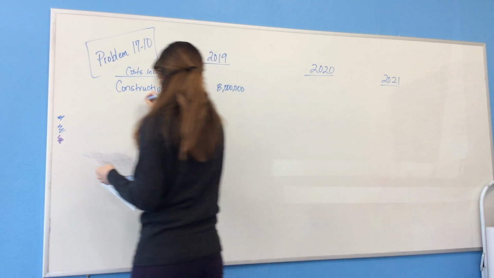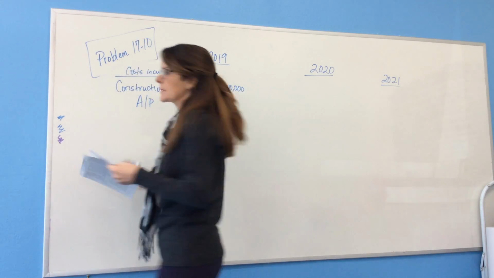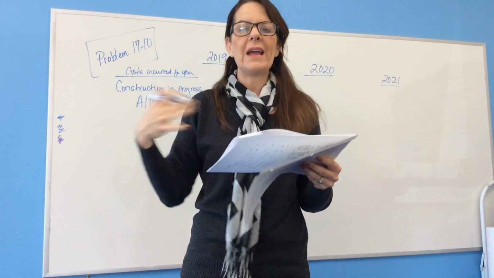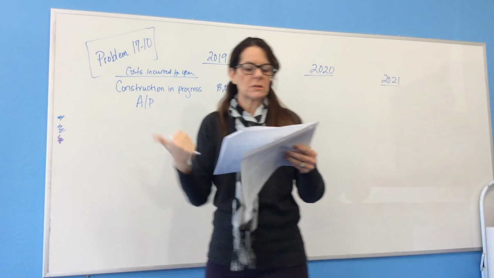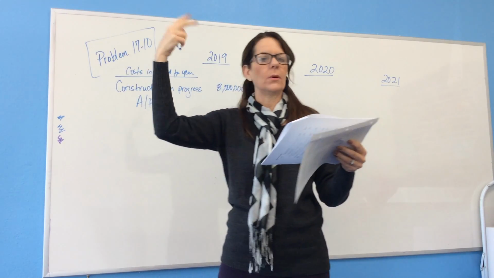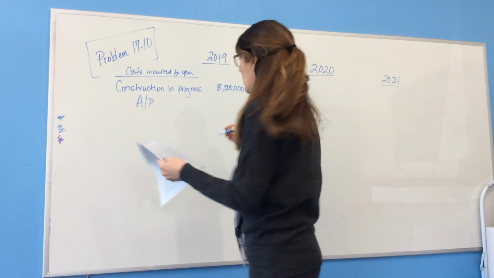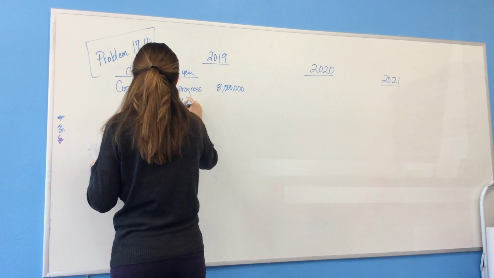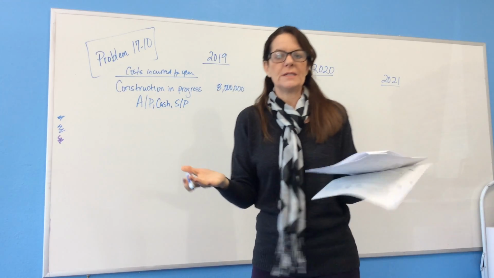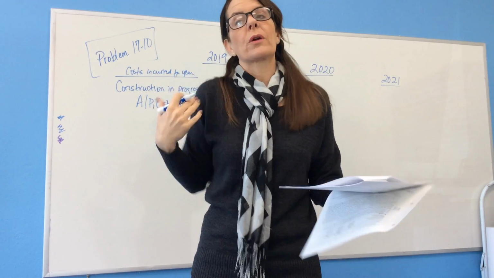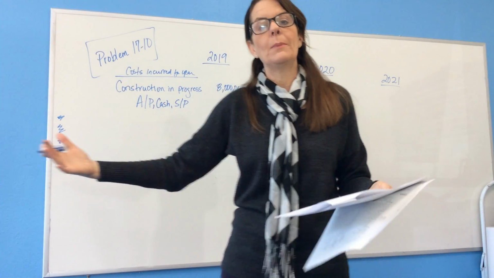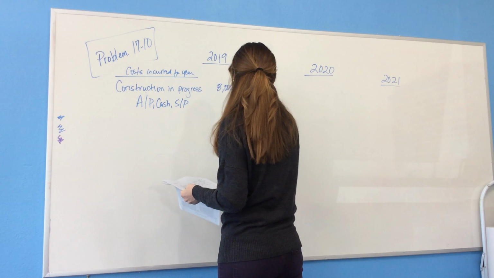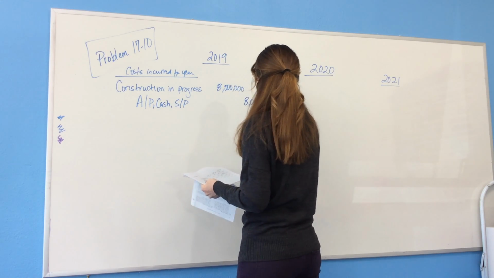And I'm going to credit a series of things, however it is that we're paying for this construction. So accounts payable, cash, salaries payable, etc., right? We don't know. We're not given all the details. We just know that we're either going to pay cash or have some other liability that we're going to need to pay off. So that's going to be our credit, or multiple credits, for $8 million there for 2019.